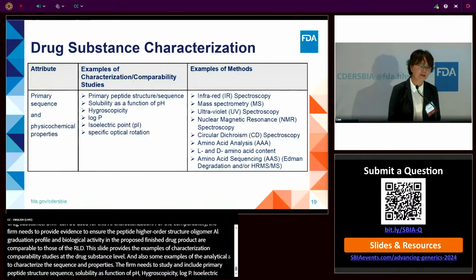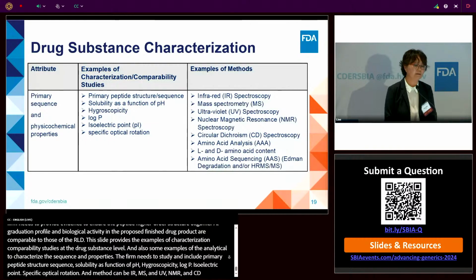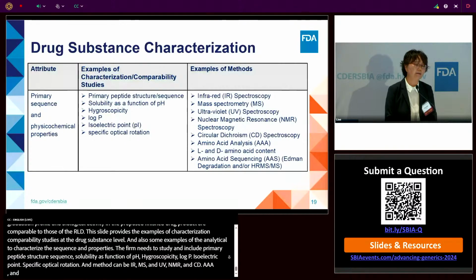The analytical method could be IR, MS, UV, NMR, CD, AAA, L and D amino acid content, AAS, Edman degradation, and/or high resolution MS.